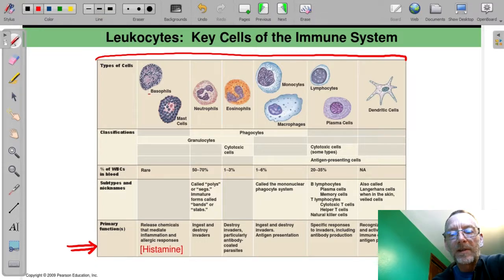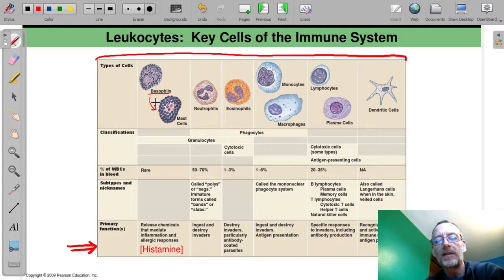Basophils, as we'll see in a moment. I'm going to just introduce these cells in this slide, and then the remaining slides in this short lecture will be to look at each one of these types in more detail. But basophils are essentially mast cells. They're basically the same depending on where you find them.